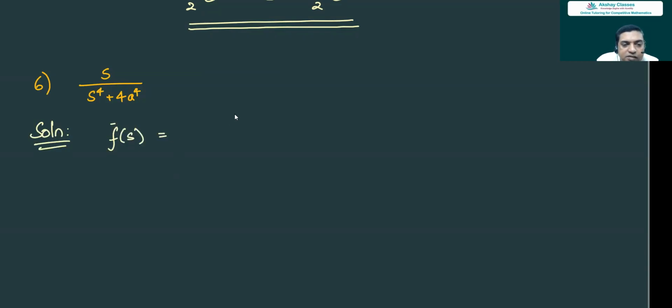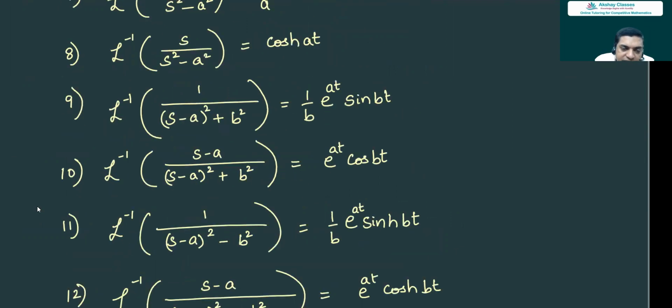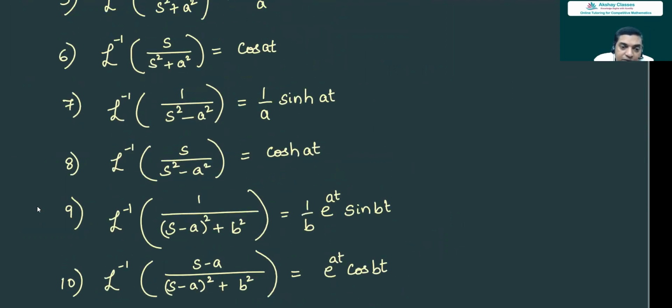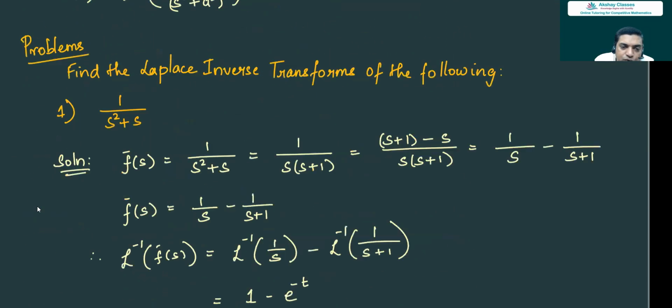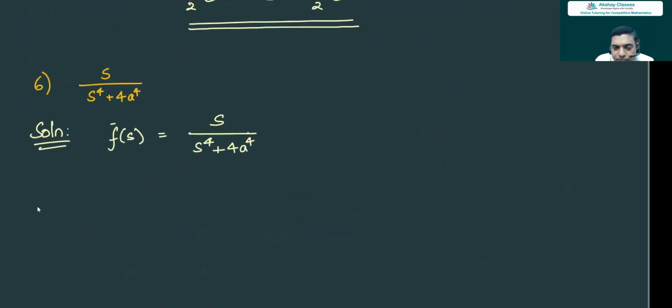F bar of s is s by s power 4 plus 4a power 4. Now, this is not any standard result. From this, we have to move towards a standard result. So we have to bear these standard results that we looked up here in mind, and move our simplification to get into one of these forms. So now let us look at how we can simplify.